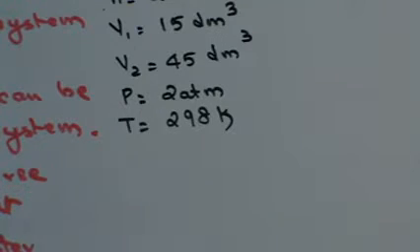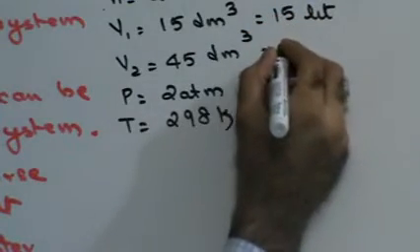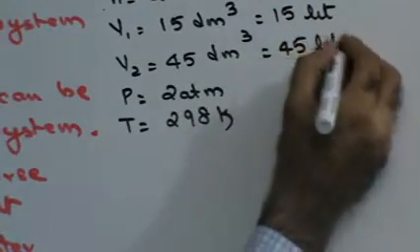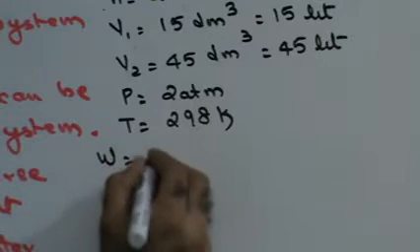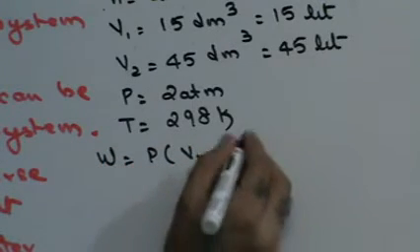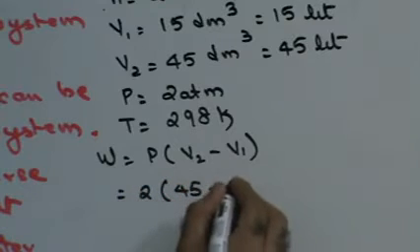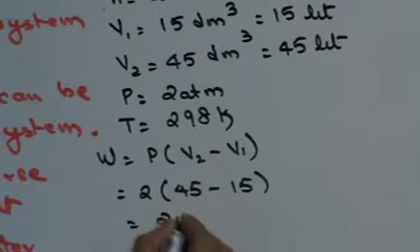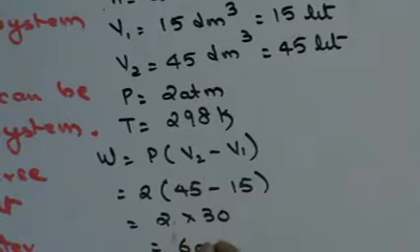Now 15 decimeter cube can be written as 15 liters, 45 decimeter cube can be written as 45 liters. Pressure is in atmosphere, so I can say that work is P into V2 minus V1. So work is 2 into (45 minus 15), so 2 into 30, 60 liter atmosphere. That is the amount of work done.